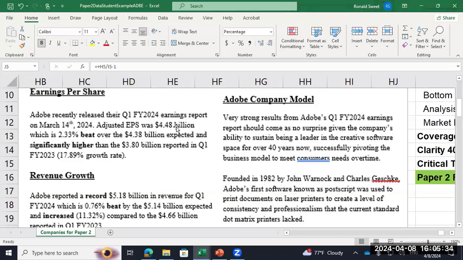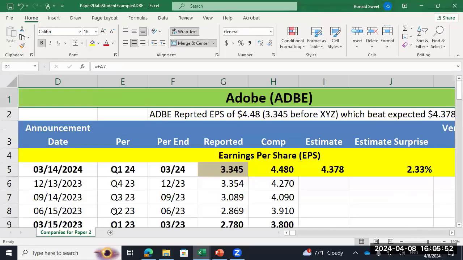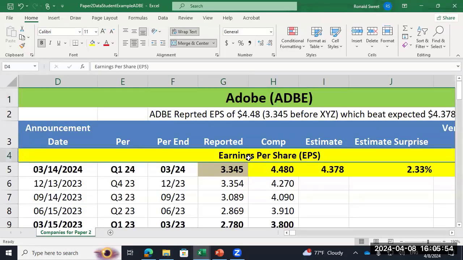It wasn't 4.48 billion. This is earnings per share. All right, so take that billion out. Take the billion out. I didn't catch that when he showed it to me earlier. That's not 4.48 billion. It's $4.48. All right, because it's earnings per share. Did I do it correctly on the... Yeah, see here, there's no billions.